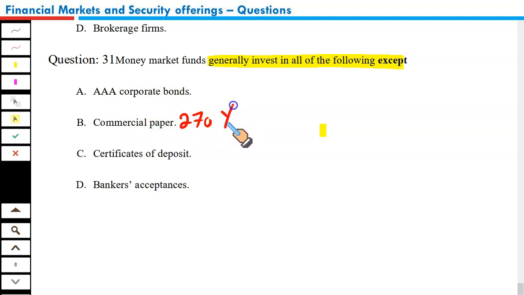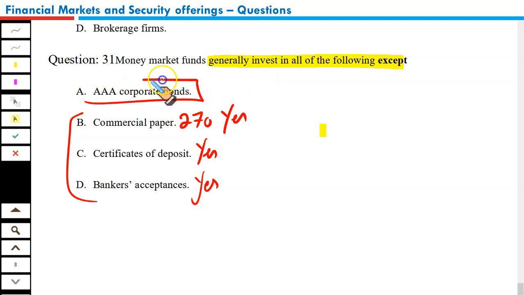So here, yes, I will invest. Certificate of deposits, yes, it's a money market instrument. Bankers acceptance, yes. So all these three are money market instruments. Where they will not invest is the AAA corporate bond, which has a maturity of more than 1 year. So absolutely, you're right, Naman. It's A where I won't invest because it is not a money market instrument. So B, C, D are money market instruments, and that's why A is our right answer.